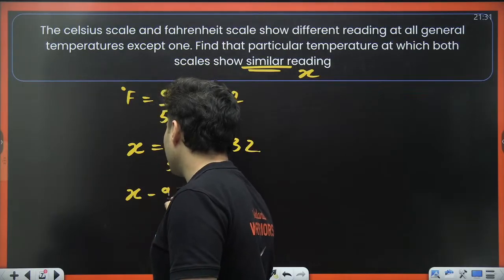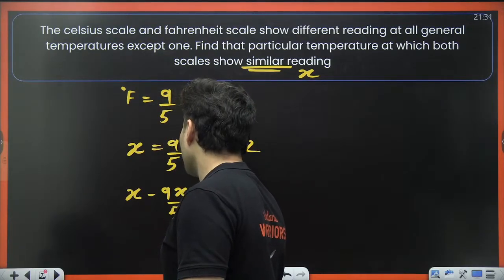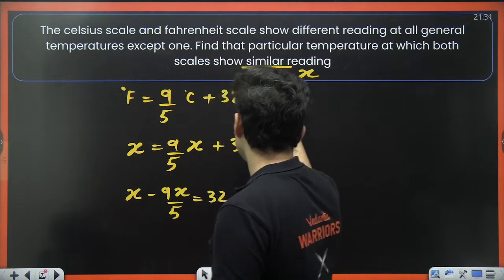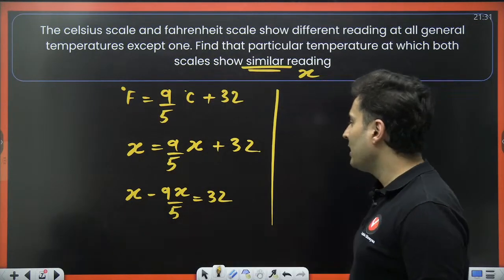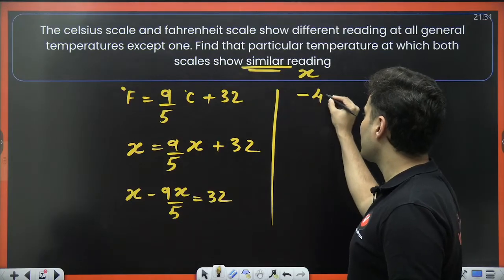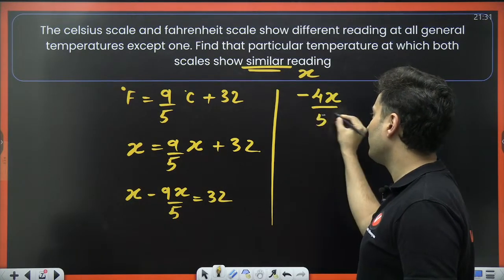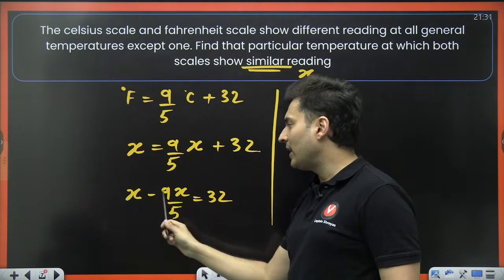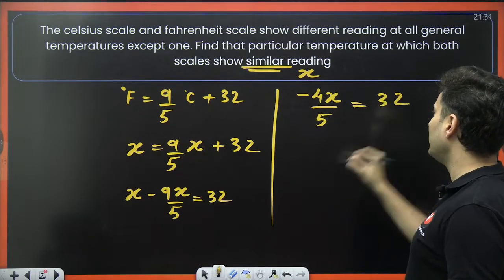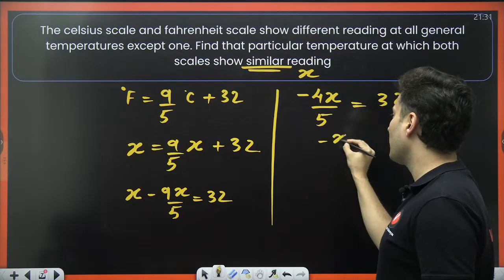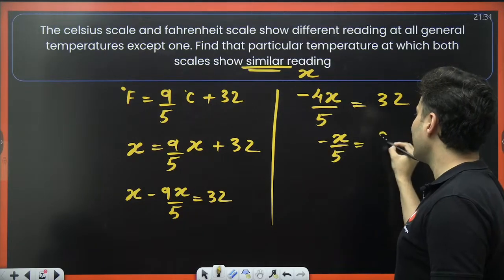So x minus 9x by 5 will be nothing but 32. Take the LCM. Won't it become minus 4x by 5? Because 5x minus 9x is minus 4x, by 5, is basically 32. 4 cancels. It will become minus x by 5 is equal to 8.